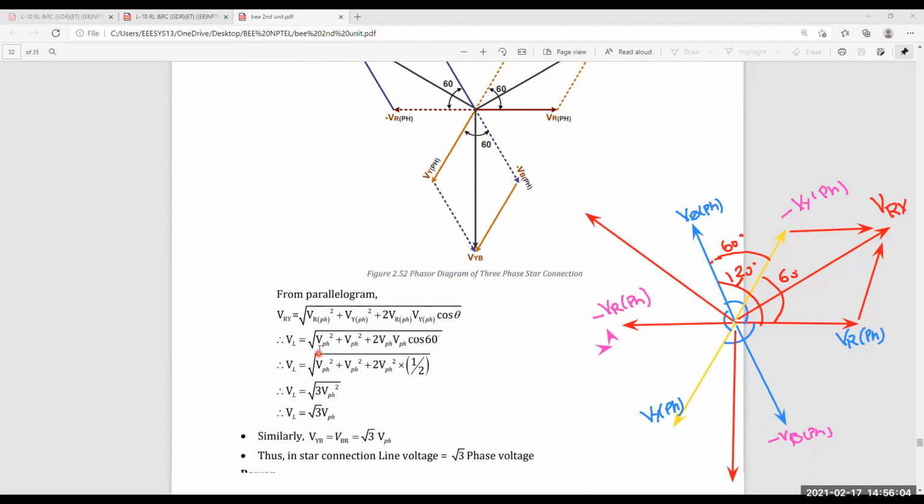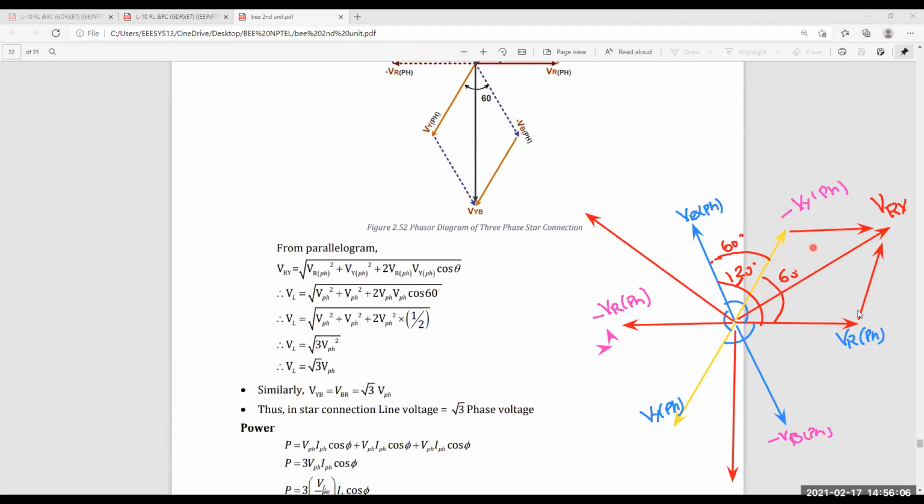VRY squared is equal to VR phase squared plus VY phase squared plus 2 VR phase VY phase cos theta. Then VL is equal to VRY, called line, and VR phase is called V phase, VY phase is V phase. So like this, you will get VL equal to root 3 times V phase. Similarly VYB and VBR are also line voltages, equal to root 3 times V phase.